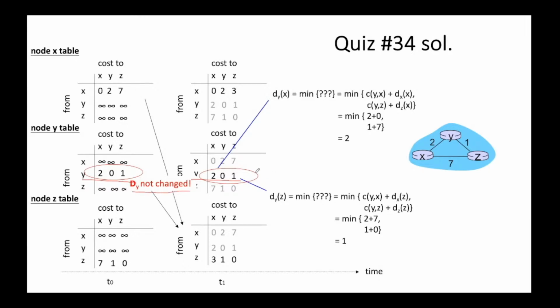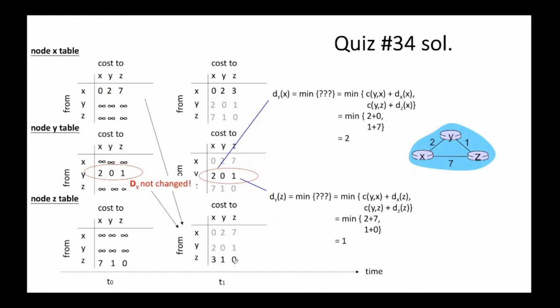Therefore, y here does not need to propagate the vector to x and z. While when x finds out that dx is different from t0's dx, we'll need to propagate dx to y as well as z to calculate the table for t2.